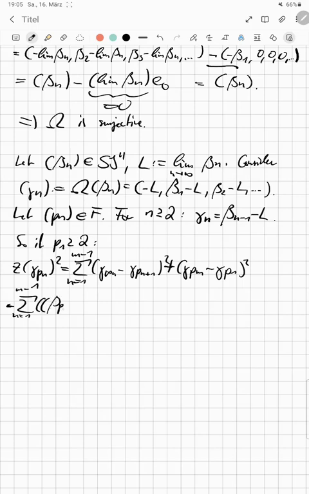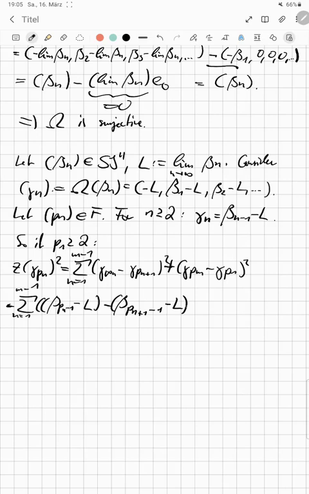Here we have beta Pn minus 1 minus L for gamma Pn. And then for gamma Pn plus 1, we have beta Pn plus 1 minus 1. Maybe I should make this more clear here. This is a minus 1 above the n. Alright, so we have a P, a n plus 1, and here the minus 1.